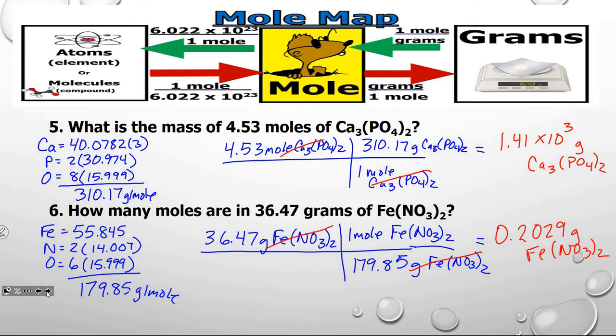Okay, how do we do? Did we have any problems adding up the masses? We okay with that? Do we have any problems setting up the conversions? Okay, just watch your mole map. I've set the conversion up for you. So once you add up the grams, all you have to do is plug it in where it says grams. Okay? All right, we okay to move forward?